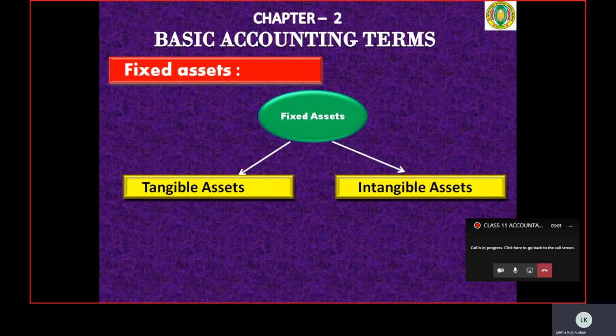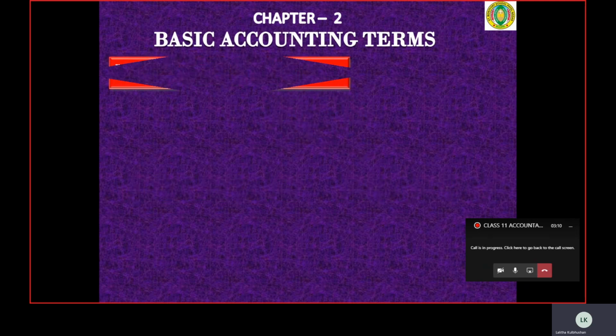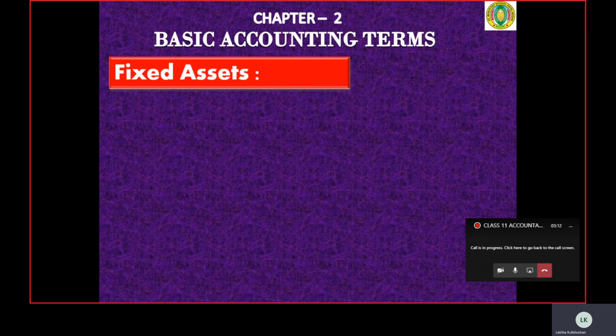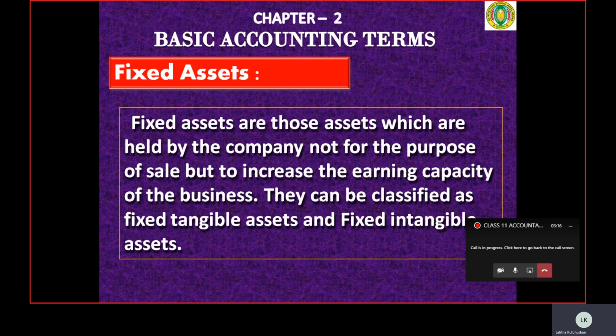Now let's see what fixed assets basically mean and their further classification. Fixed assets are those assets which are not frequently sold off, and generally they increase the earning capacity of the business. These fixed assets can be classified as fixed tangible assets and fixed intangible assets.